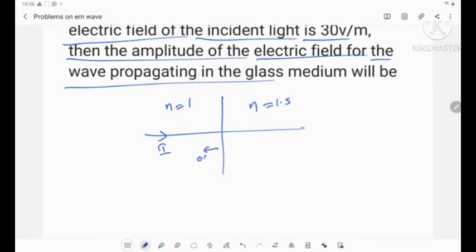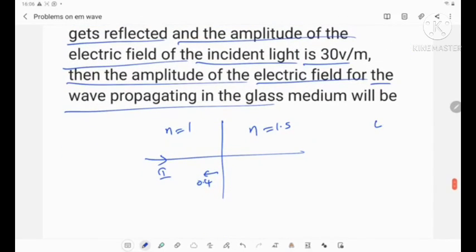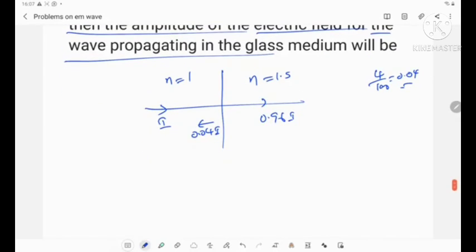When 4% is reflected, 4 by 100 means there is 0.04. 0.04 I is reflected and 0.96 is transmitted into the second medium.